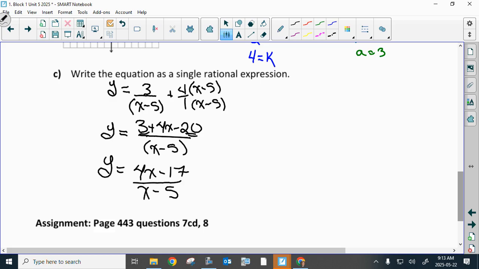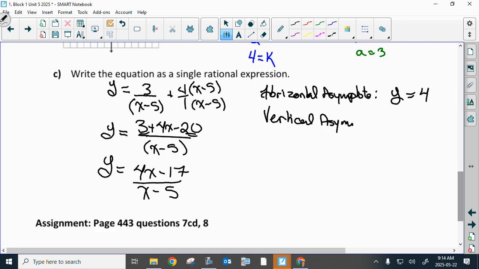And then I can grab horizontal asymptote, y equals 4. Vertical asymptote, x equals 5.